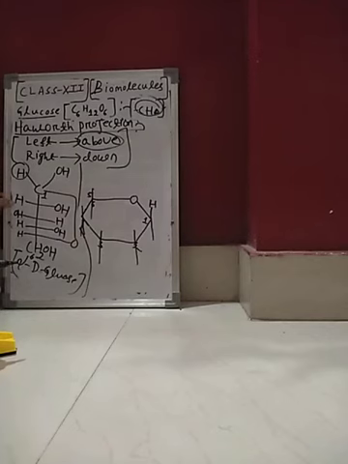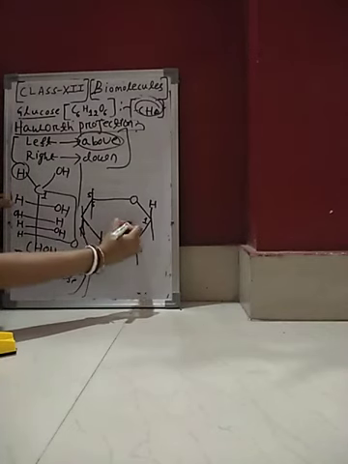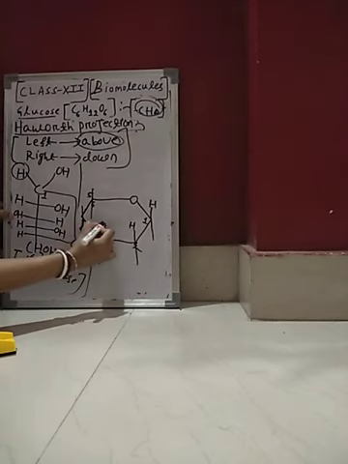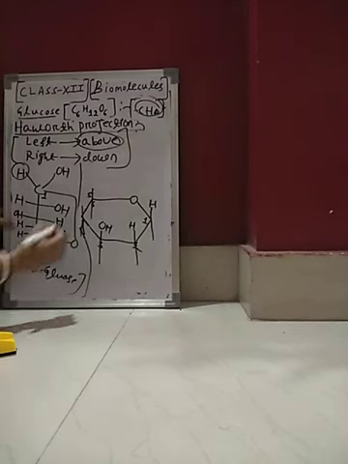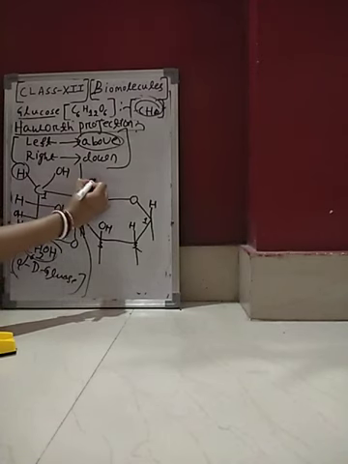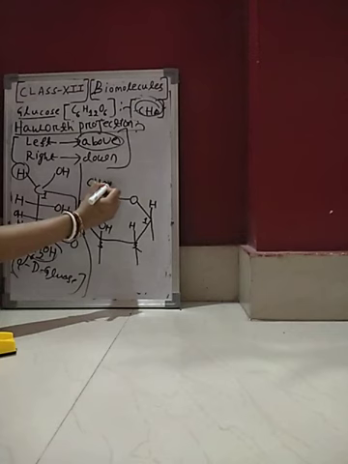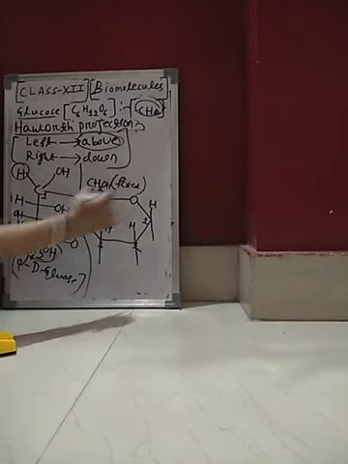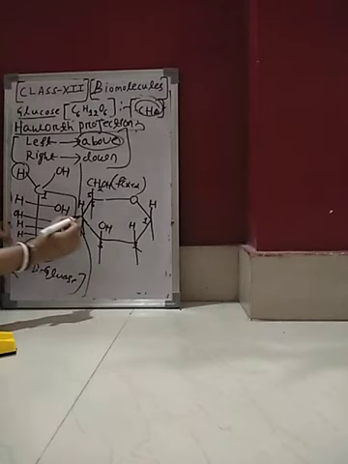What will be present here? Carbon number 2, hydrogen. Next your OH. Next your H. And this CH2OH group is fixed here, 5, 6. This position you cannot disturb. This position is fixed. Clear?